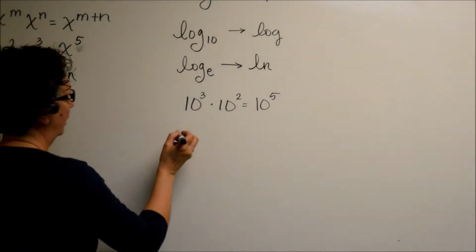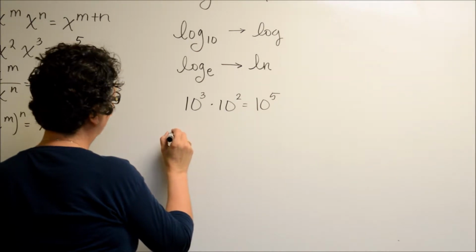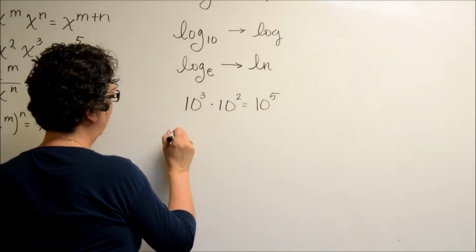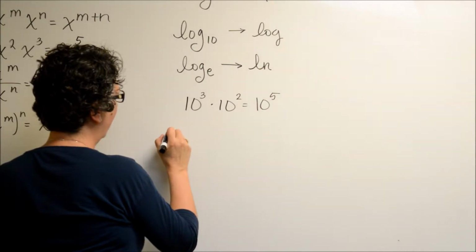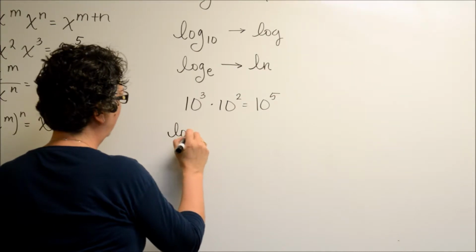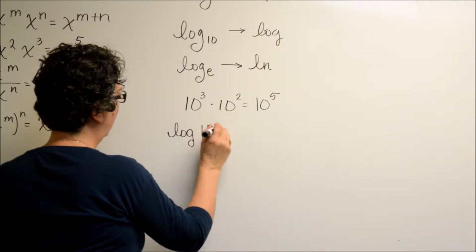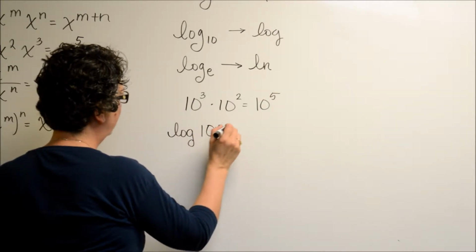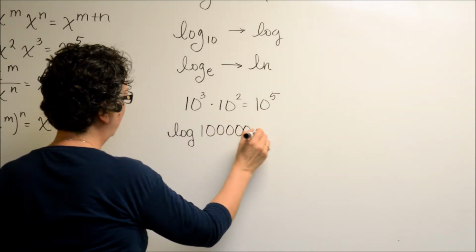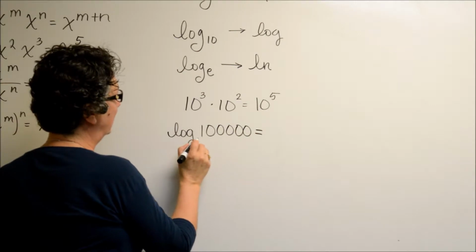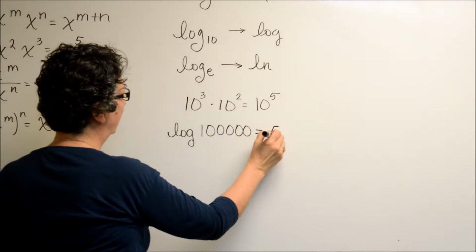I can also write log base 10 of 100,000, and log base 10 is understood. 1, 2, 3, 4, 5 is 5.